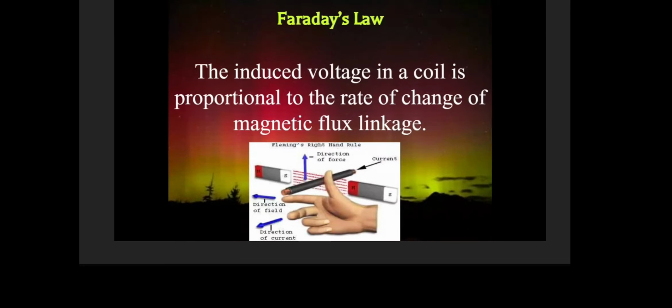The faster you move the conductor, the faster the field lines are cut and rejoined. So that's what the rate of change of magnetic flux linkage is: how fast you are cutting those field lines so they get disconnected and then rejoined after you move it.